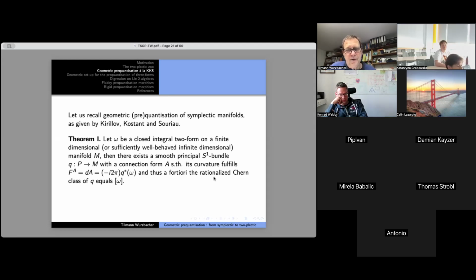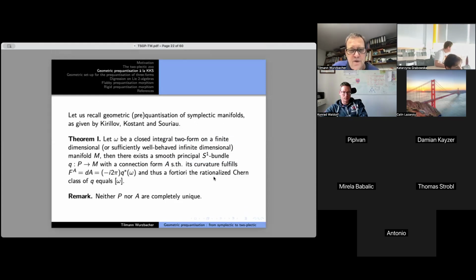And this implies that the Chern class is the class of omega. But there is a small remark to make. This is not the Chern class. This is a rationalized Chern class because you don't see any torsion. You see only the rational part of the cohomology because you started with a form.